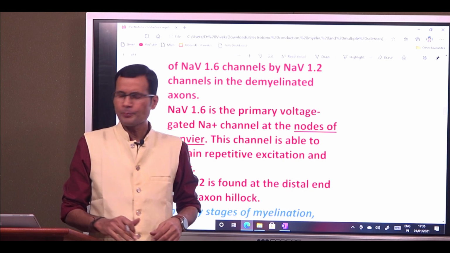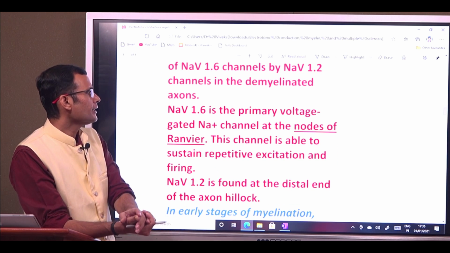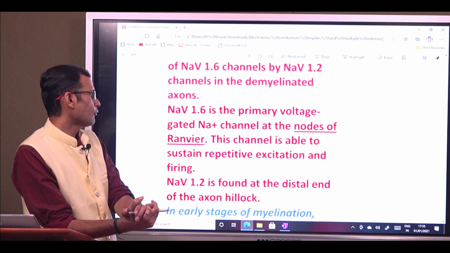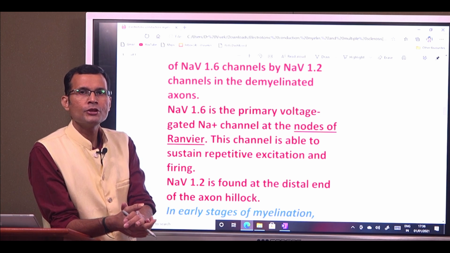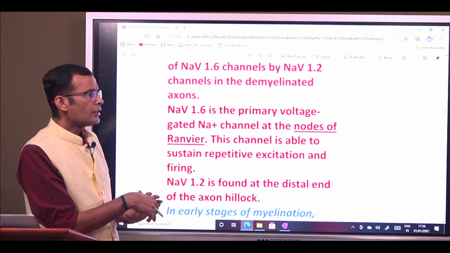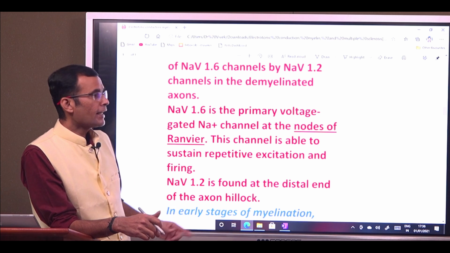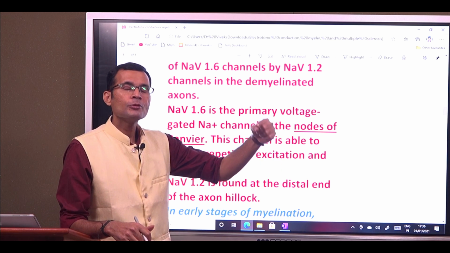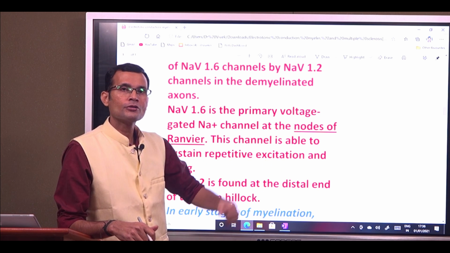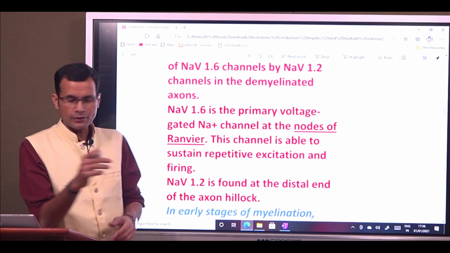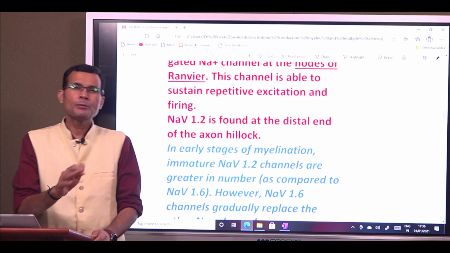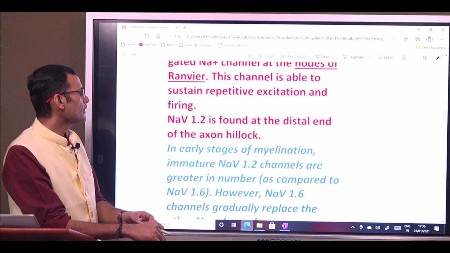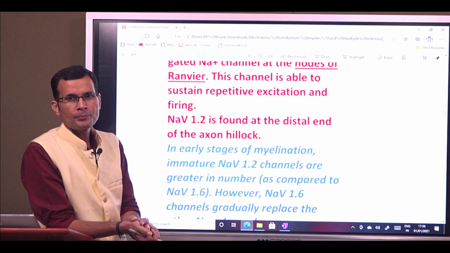Basically, NaV 1.6 is the primary channel responsible for depolarization of the nodes of Ranvier, and this channel is able to sustain repetitive excitation, that regenerative firing of the neurons. That's possible because of this channel. NaV 1.2 is found at the distal end of the axon hillock.